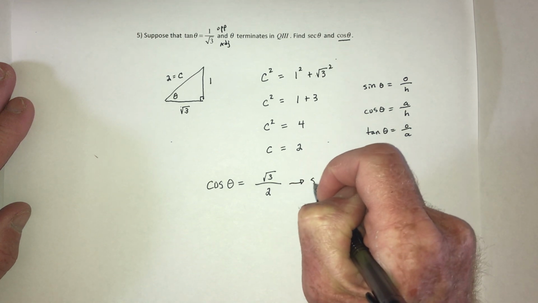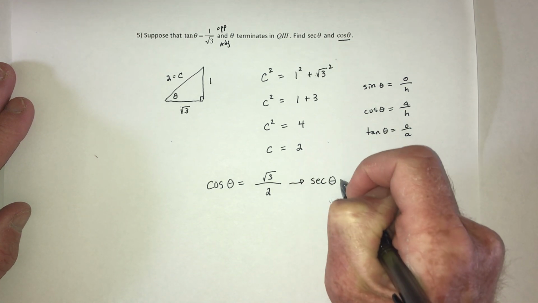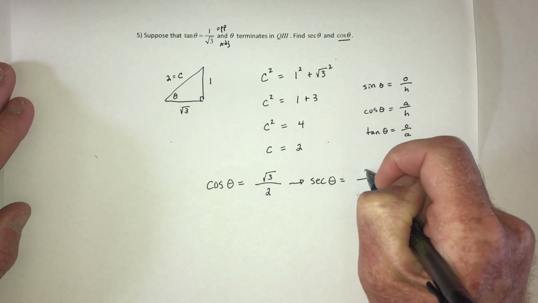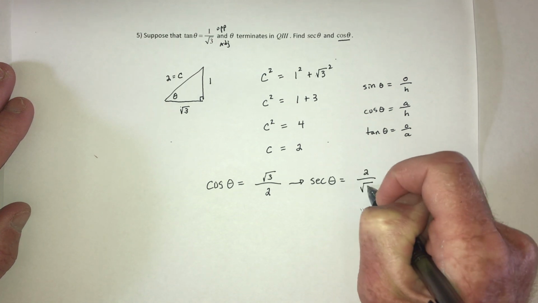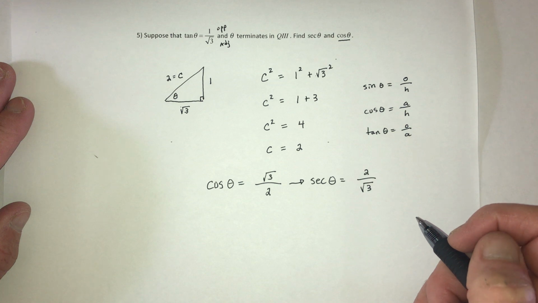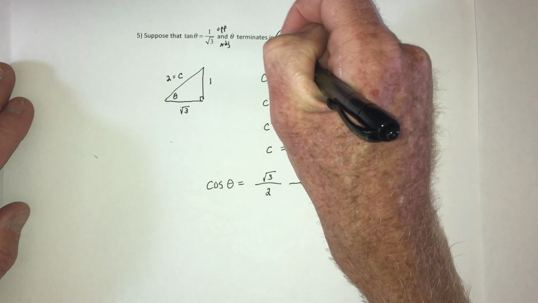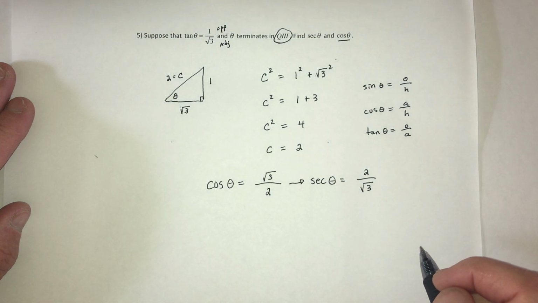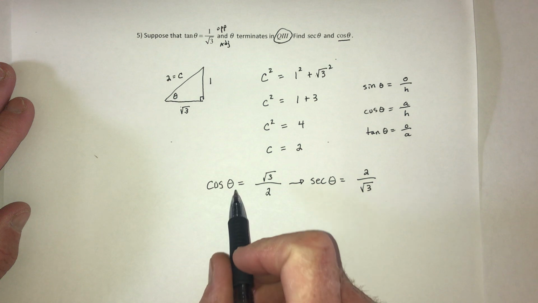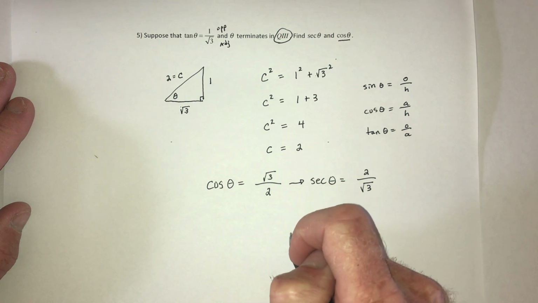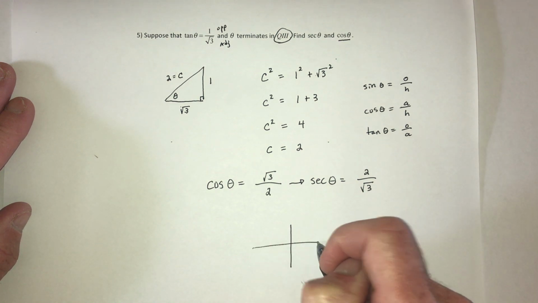Then secant is the reciprocal of that. So it's going to be 2 over the square root of 3. Now we're almost done. The last thing is, it says that the angle is in quadrant 3. So we have to decide, are these two supposed to be positive or are they supposed to be negative?